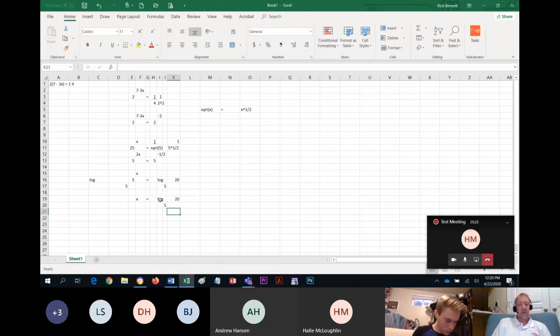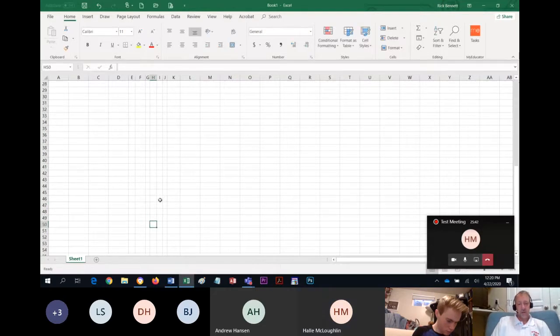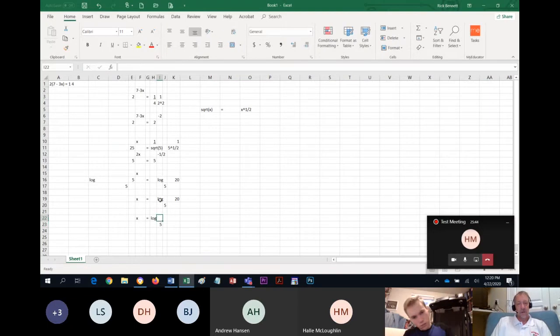Okay, and so now we can do what we were doing a little bit earlier. We can rewrite 20 as 4 times 5. So then I've got x equals log base 5 of, I'm going to write it as 4 plus log base 5 of 5.